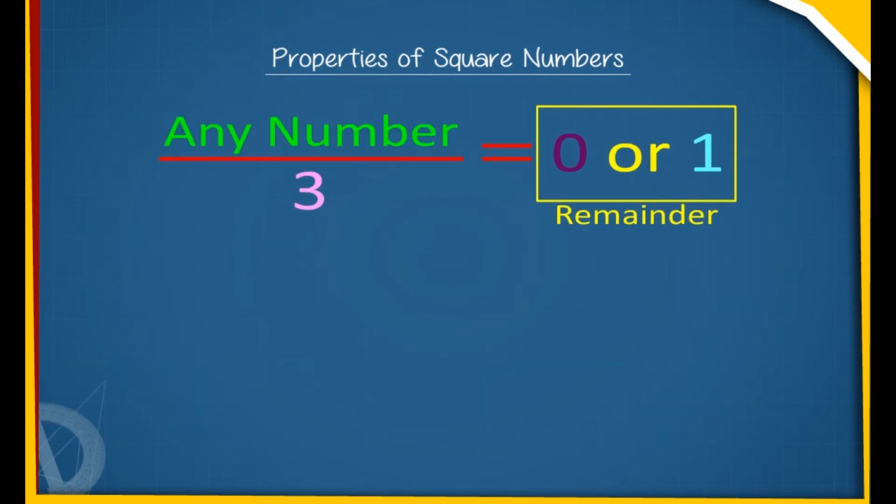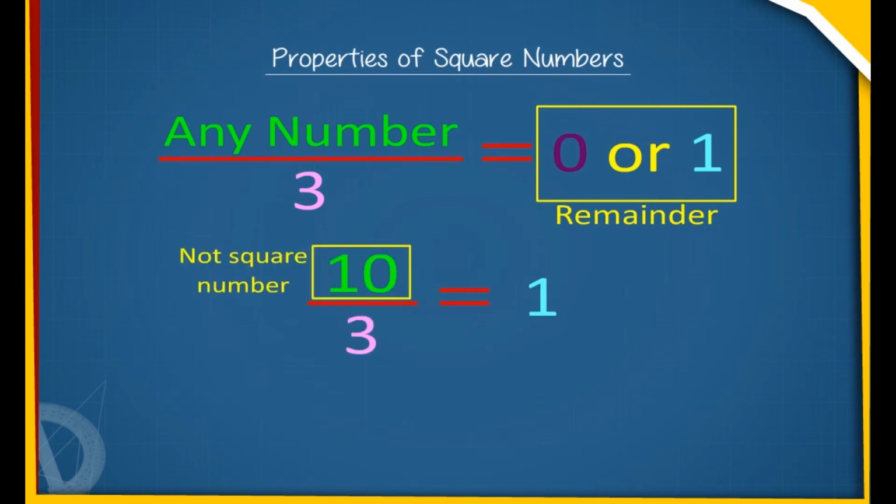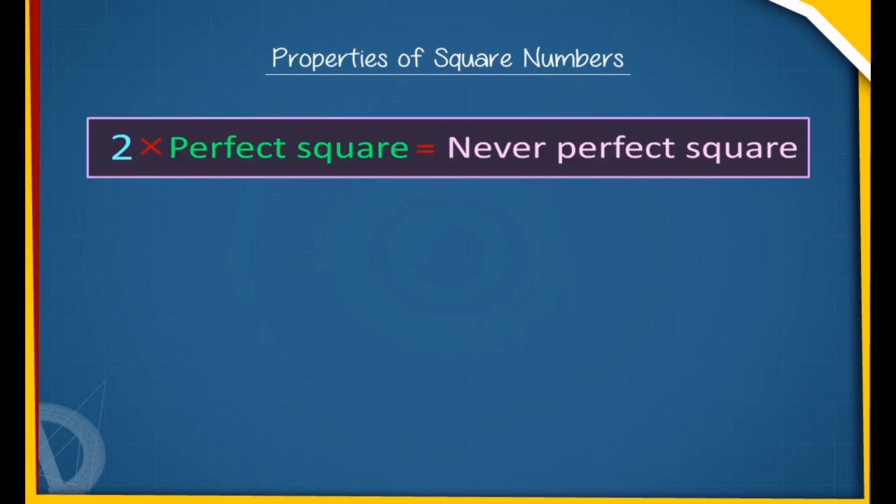A perfect square always leaves a remainder 0 or 1 on division by 3, but conversely, it may not be true. For example, on dividing 10 by 3, the remainder is 1, but 10 is not a square number. 6. Twice of a perfect square is never a perfect square. For example, 2 multiplied by 4 is 8, which is not a perfect square.